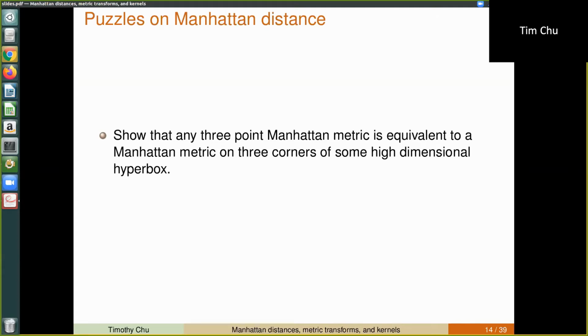And again, I just want to emphasize that this puzzle is deep in the loop of our proof. So it's worth spending a little bit of time pausing here and thinking about it.